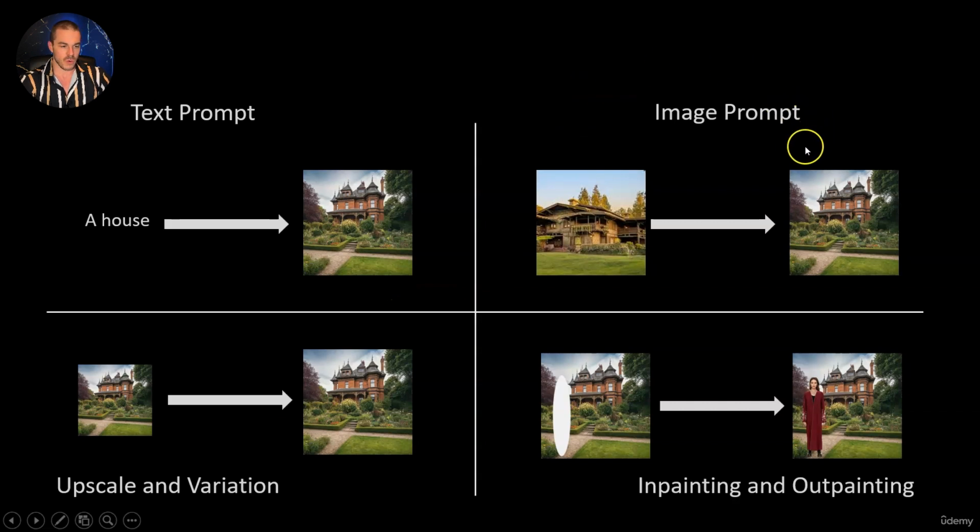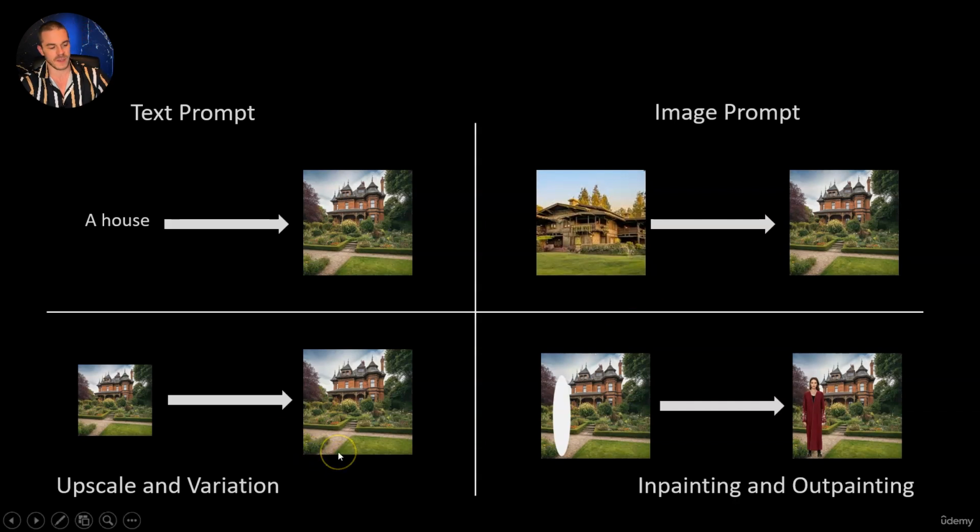The image prompt, though, is providing another image, and Stable Diffusion is creating a new image out of the provided image. In that case, that image would be called an image prompt, and it's a little bit of a different image. So it's more or less an image which is similar to the one we provided, but a little bit different.